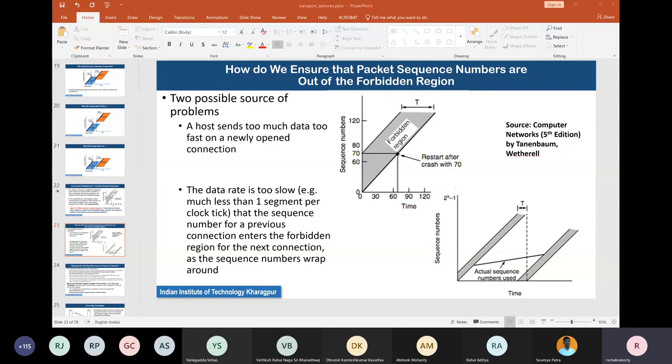At what point it will meet can be delayed by increasing the slope of this straight line, but it cannot be avoided if you are dedicating a finite number of bits to denote sequence numbers. There is no way you can avoid that. On a computer, you cannot have infinite-bit arithmetic. It will always be finite-bit arithmetic.